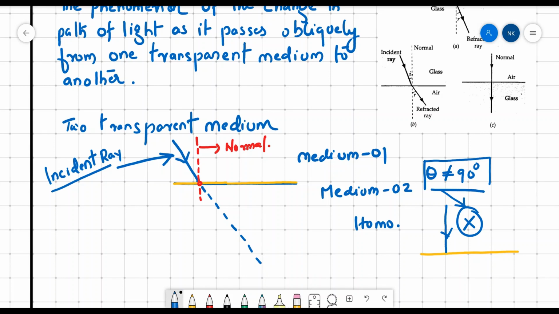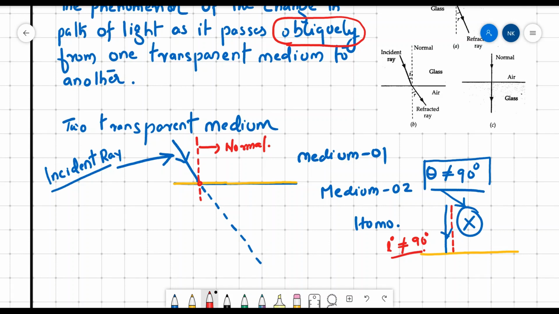With the normal, the angle made between the normal and the incident ray is known as the angle of incidence, i, and this must not be equal to 90 degrees. That is what the word obliquely stands for.